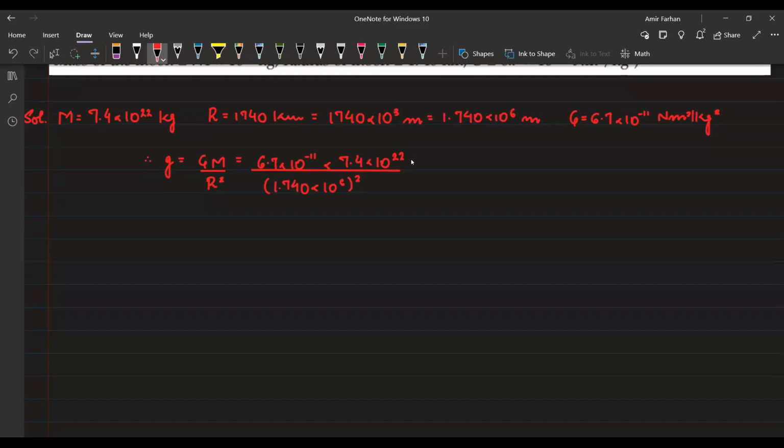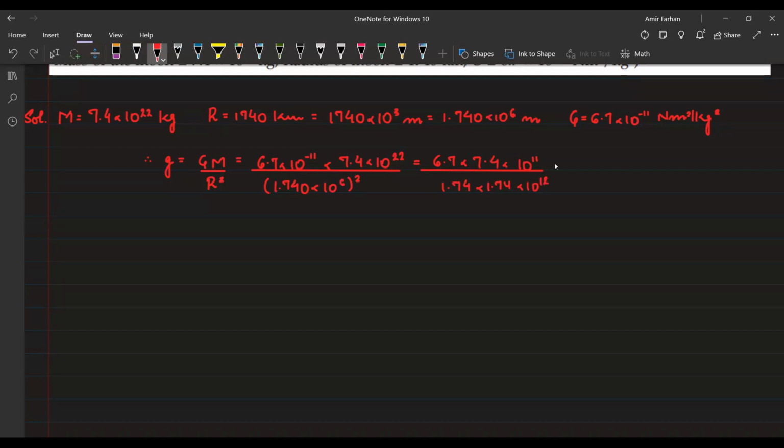So that is coming out to be, as you can see, this is 12. So this will become 6.7 into 7.4 into 10 to the power 22 positive, 11 negative. So positive 11 will be left because the bases are the same, according to the law of exponents, divided by 1.74 into 1.74 into 10 to the power 12.